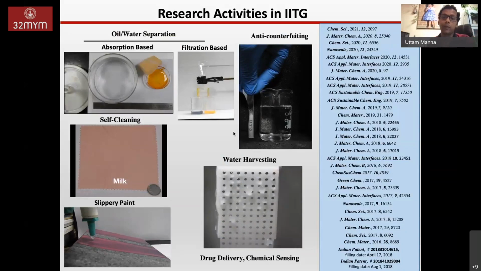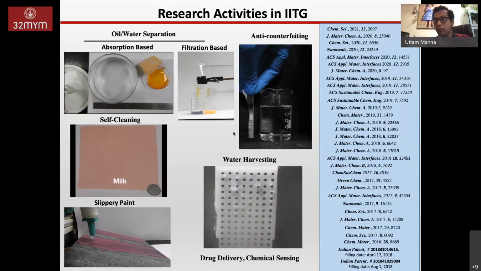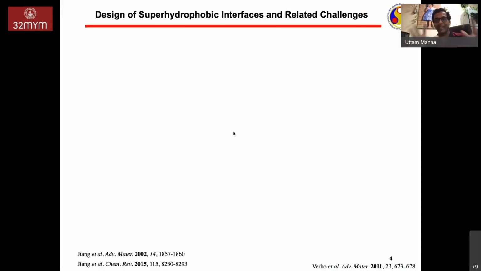With a little bit of modulation, you can instantly, this is a real-time video, put this biosphere interface and harvest the water from the water mist. And not only that, you can take these biosphere interfaces for sustained or triggered drug delivery or even naked eye chemical sensing. So many things are possible. This is just a glimpse of what you can do with these biosphere properties.